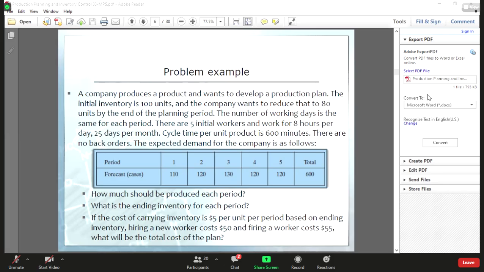Carrying cost is 5. Okay, then hiring new worker, hiring cost is 50. Then is 50.